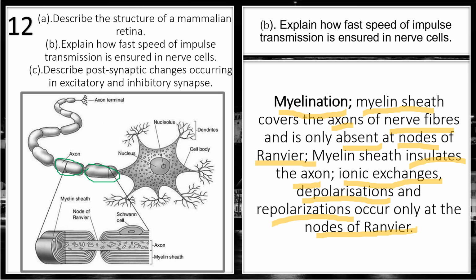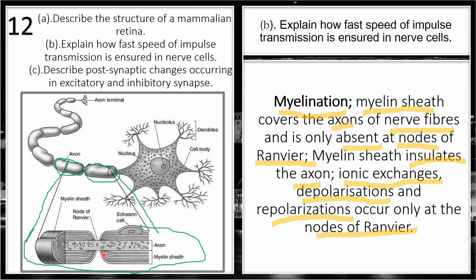Now when you cut this neuron through like this, this is what you are going to see with the part that has been cut. In the middle of the neuron, that is what we call the axon. And the part which is covering the axon, that is what we call the myelin sheath.